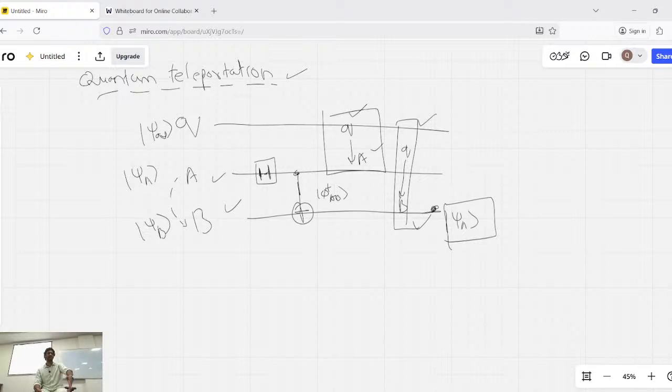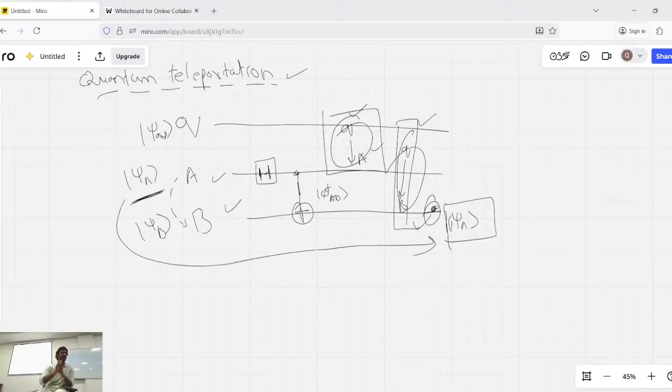It's just there in space. I will perform some operations with Q and A, and some operations with Q and B. And then I will measure B, and I'll get an output, and that output will be this psi of A. Got it? So in this way, A's information will automatically be reflected in my B at the last stage.